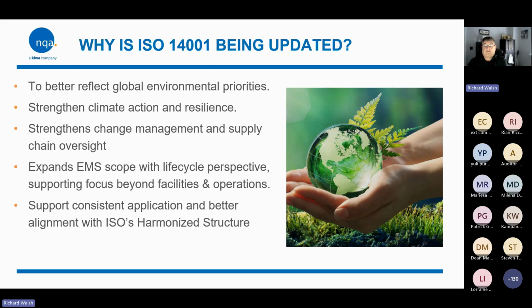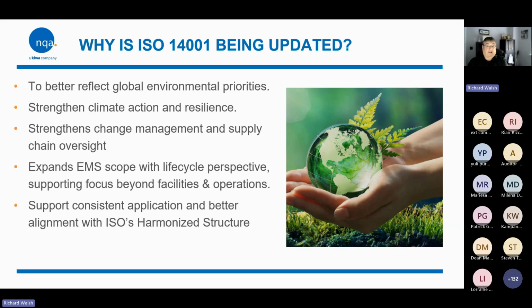It strengthens change management and supply chain oversight, so how we as businesses, as organisations, interact with our supply chain. It expands the scope of the system, asks us to have a deeper look at a life cycle perspective, supporting the focus that we have as an organisation beyond our own facilities and operations.